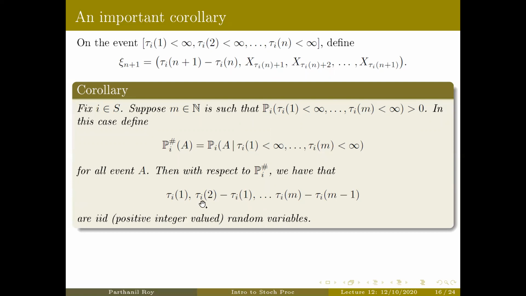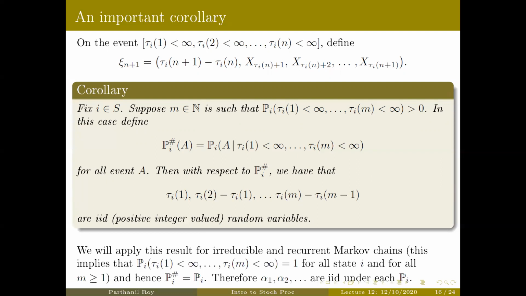So the excursion lengths, first excursion length, second excursion length, all the way up to mth excursion length are IID under pi hash. Of course, alpha m plus 1 may not be well defined, so therefore we are not going to talk about that. But these are going to be IID because these are just the first components of whatever were IID before. So therefore, it's a trivial corollary of the statement.